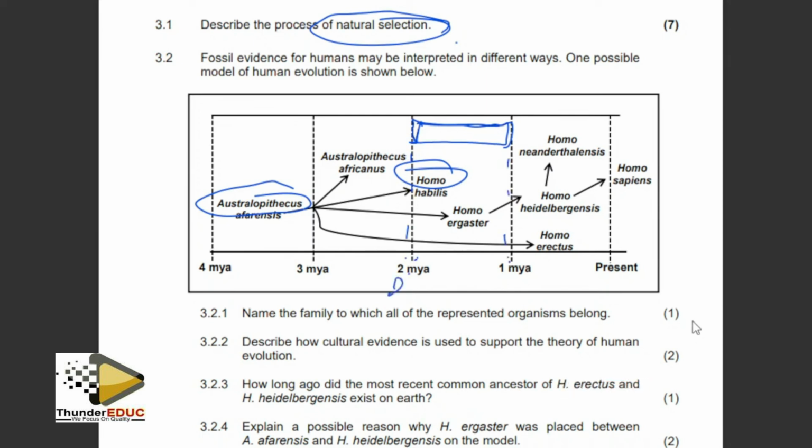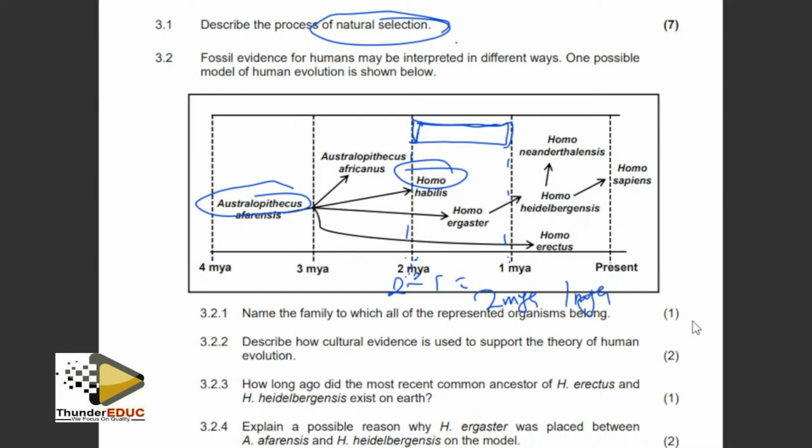How long ago did they appear? It's going to be 2 million years. How long ago did they go extinct? It's going to be 1 million years.